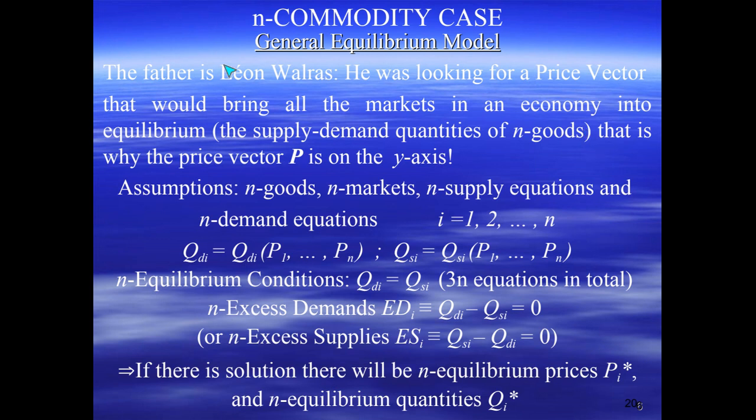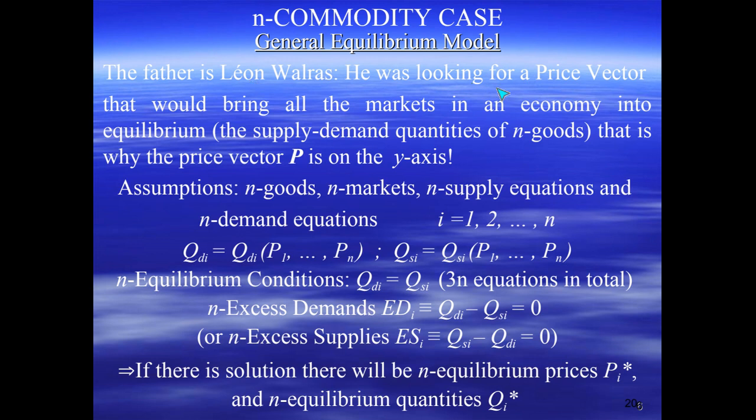The father of these types of models is Léon Walras. He's French, or he can be Swiss perhaps, but of French origin. An engineer who became an economist, one of the fathers of modern economics, and he is the father of the general equilibrium model.